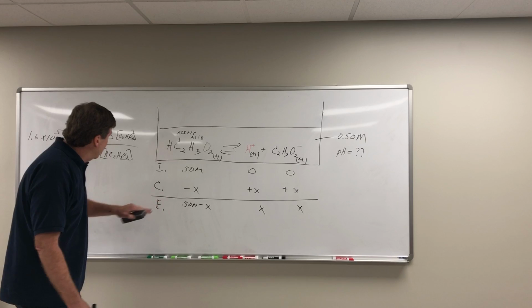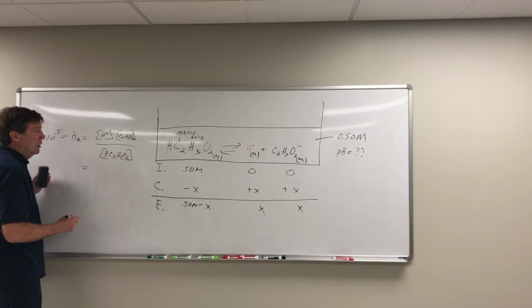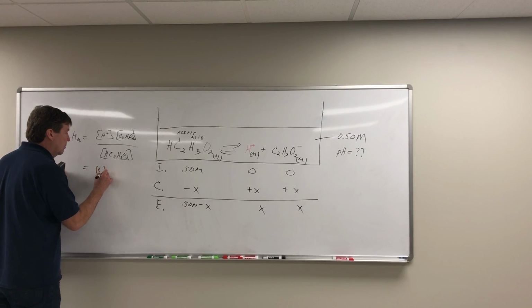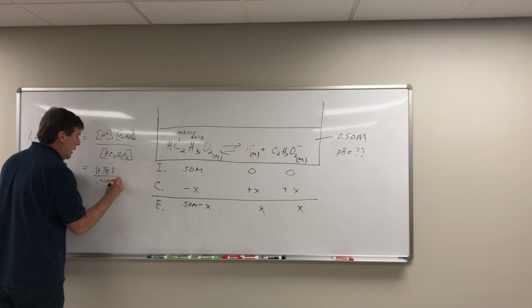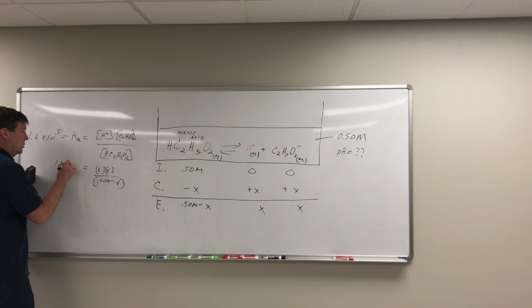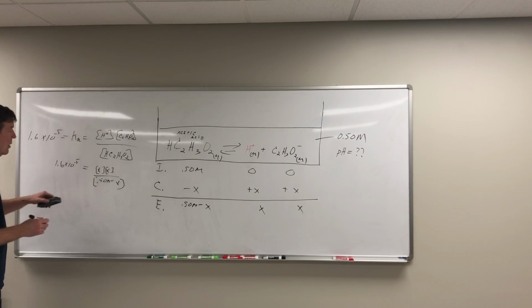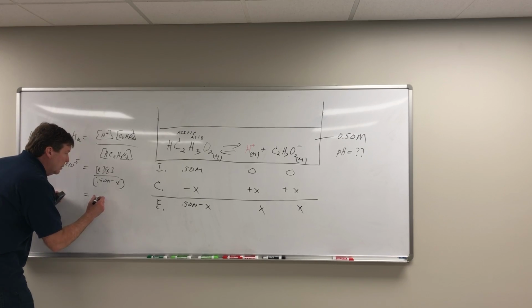Let's take these equilibrium values and plug them into the Ka expression, and we'll see what we get. So we have x times x over 0.50 big M minus x equals 1.6 times 10 to the negative fifth. So let's go ahead and calculate the x concentration.